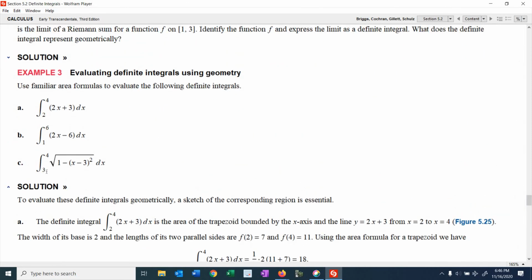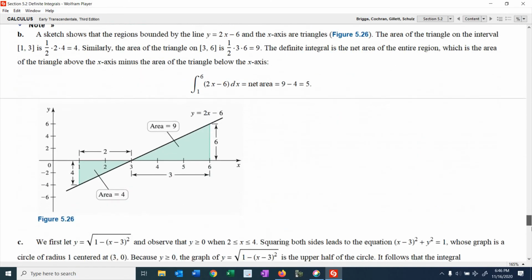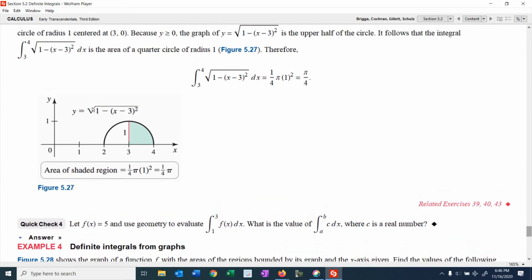So let's find this definite integral from 3 to 4 of the square root of 1 minus the quantity x minus 3 squared. First of all, the graph of this function is a semicircle right here.